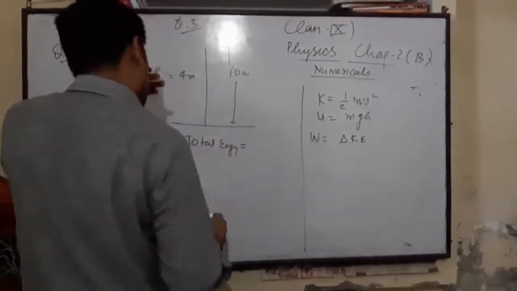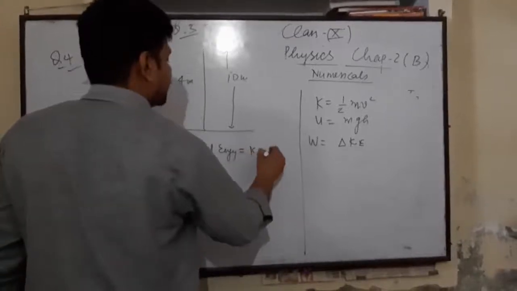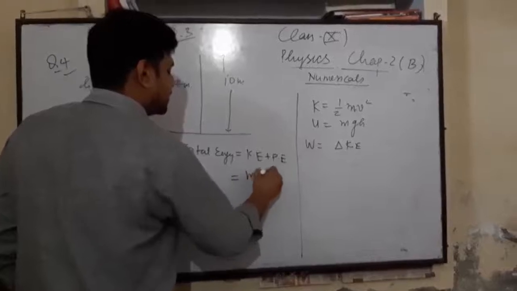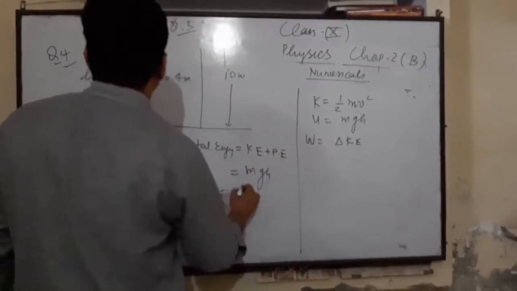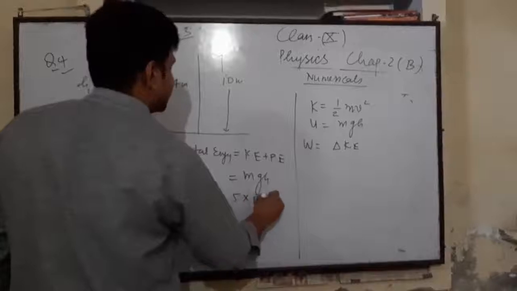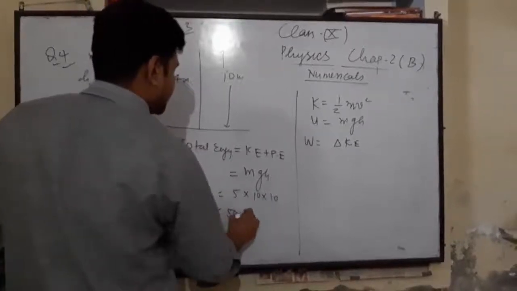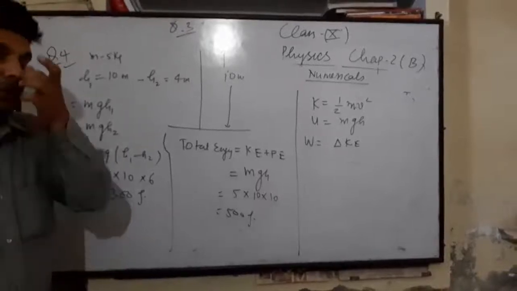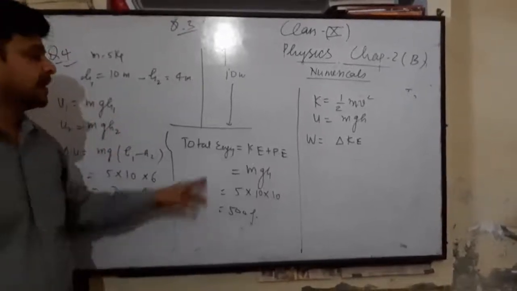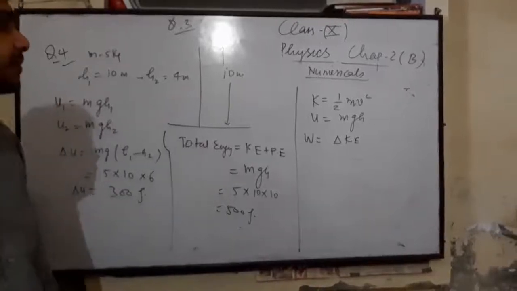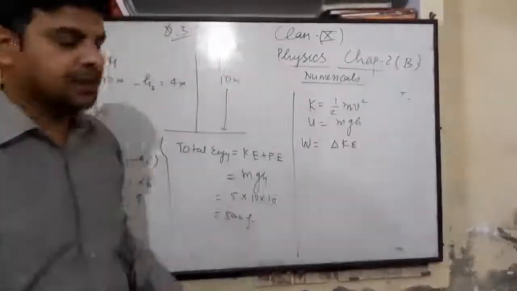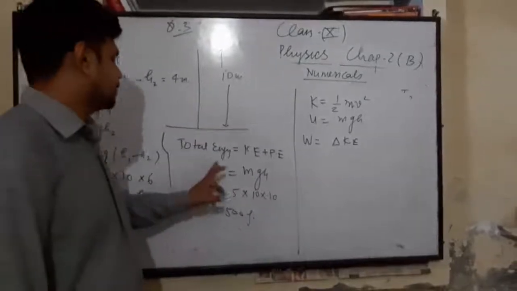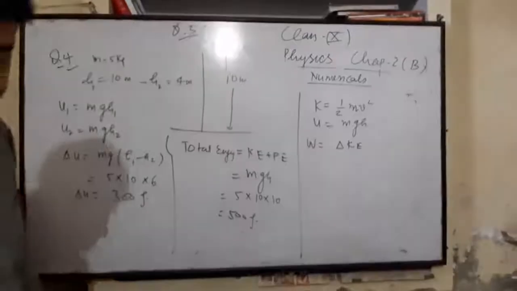The total mechanical energy of an object is the sum of kinetic and potential energy, and at any instant it will be equal to mgh. So m is 5, g is 10, and h is also 10 meter. So the total energy is 500 joule.